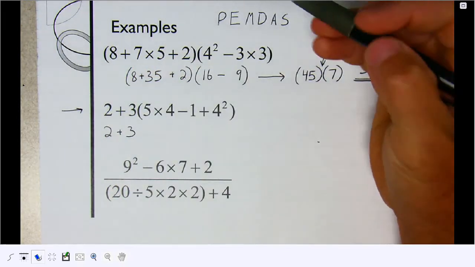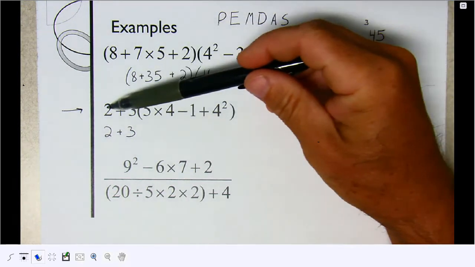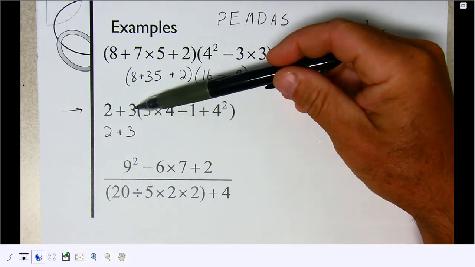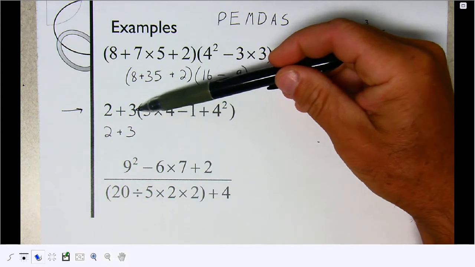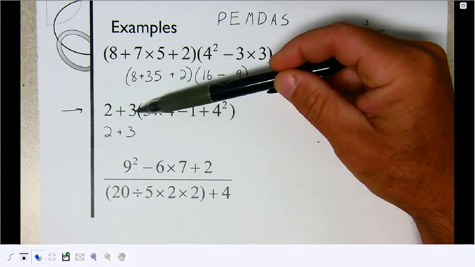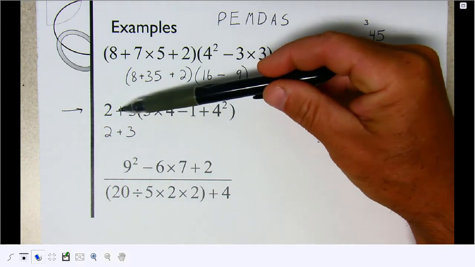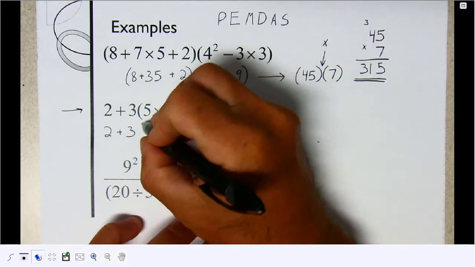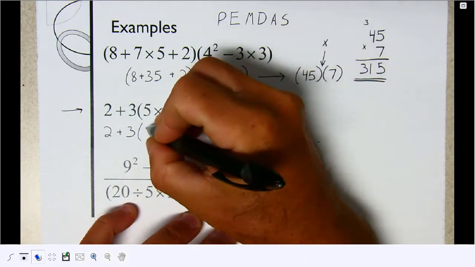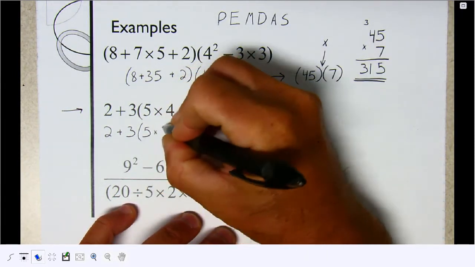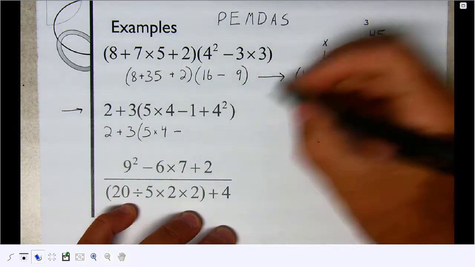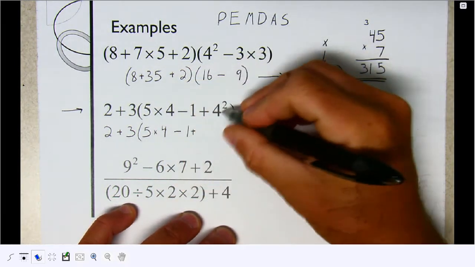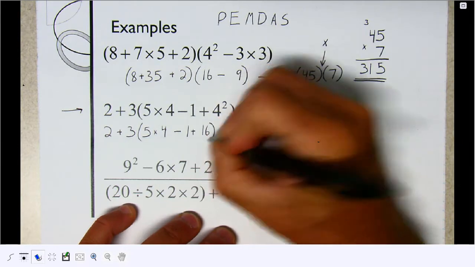By the way, it's very easy to say 2 plus 3 is 5, but we can't do that because this 3 is going to get multiplied, and we need to figure out what we're multiplying 3 by before we do that addition. Addition is one of the last steps, so don't do it right away. So 2 plus 3 times 5 times 4 minus 1 plus 4 squared, that's 16.